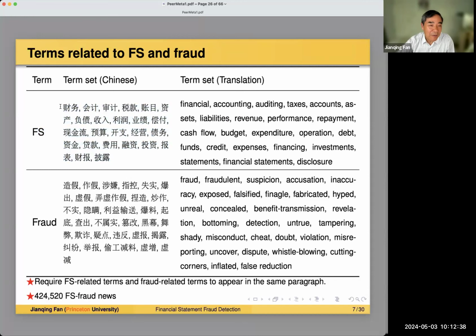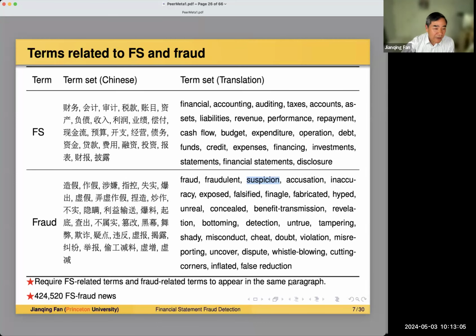These are all the Chinese that we key in. I know many of you don't study Chinese, and that's okay. The first one basically says financial, and the second one of course is fraud. It could also be that someone says financial fraudulence, or financial suspicion, and so on. So long as these two words appear in the same paragraph, we retrieve such an article.